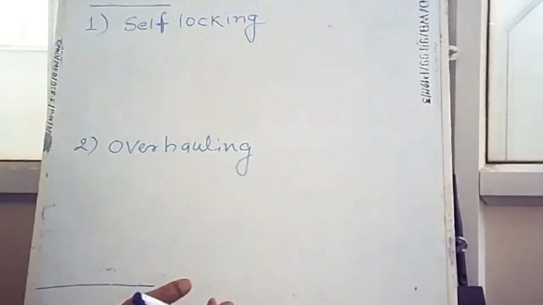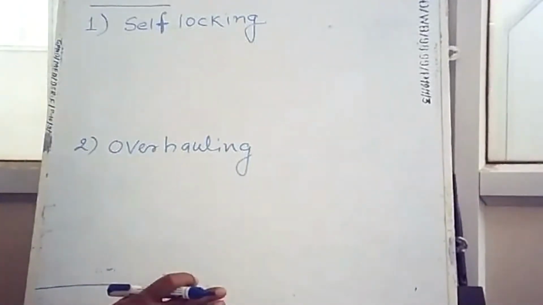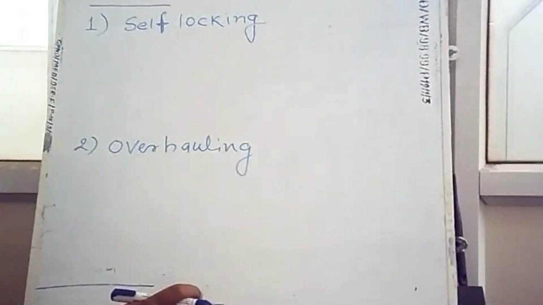When we lift a car or truck, we have to retain it in that position for some time for maintenance purpose. So it should not happen that when we use that particular torque and lift the load, it automatically comes down. That should not happen. That means to lower the load also, some positive torque should be given to the power screw. Some effort should be needed to lower it also. Otherwise, what will happen?